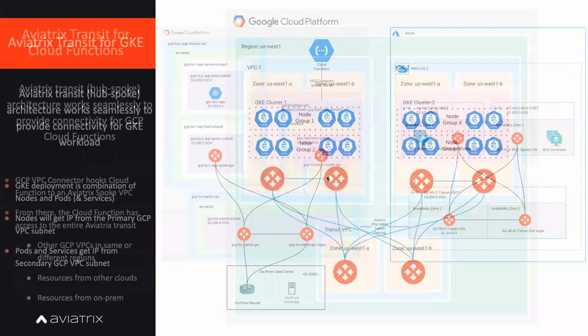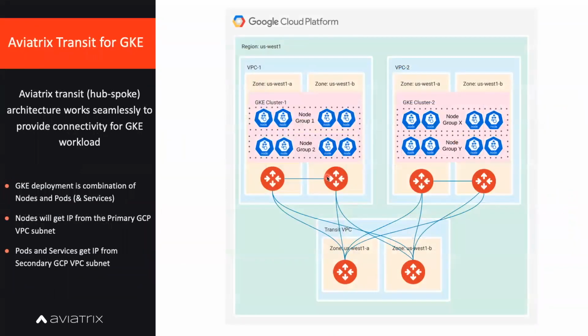Okay, a lot of customers I talk to really like GKE, they really like Kubernetes, and that's the workload that they have. So we have a validated design, we have a validated deployment where customers are using our solution to make sure that when they are deploying these GKE clusters, they are part of their network.